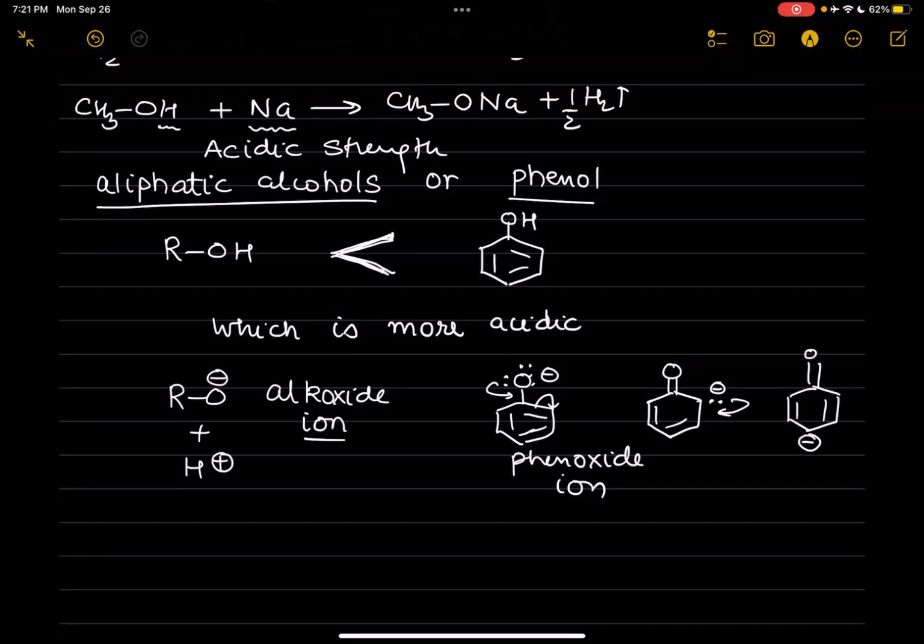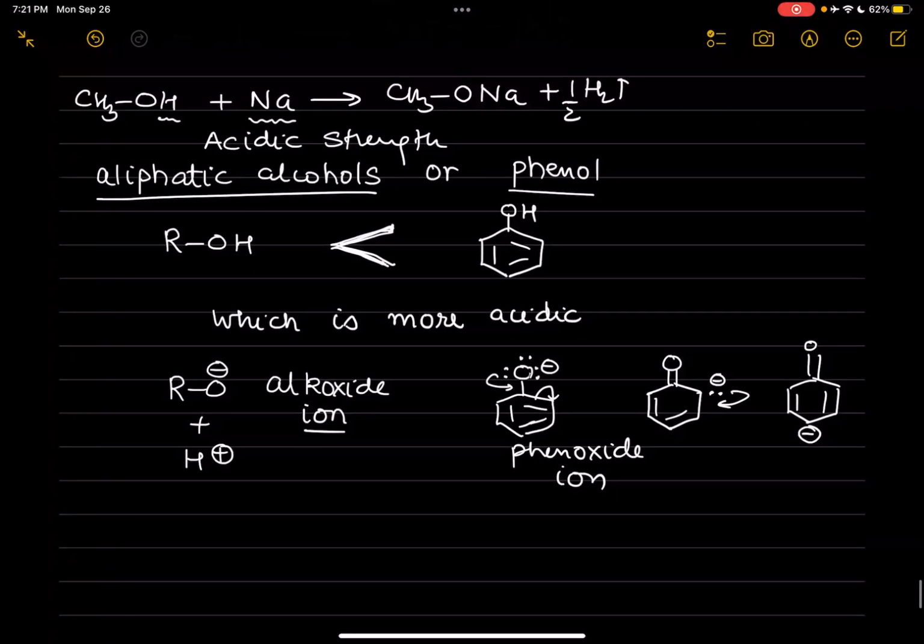Actually, this negative charge sitting on oxygen, the lone pair, can overlap with the benzene ring, and the negative charge comes inside the benzene ring. That is the phenomenon of resonance. Resonance is a delocalization of charge. A charge which was on oxygen has gone into the ring and dispersed itself, right?